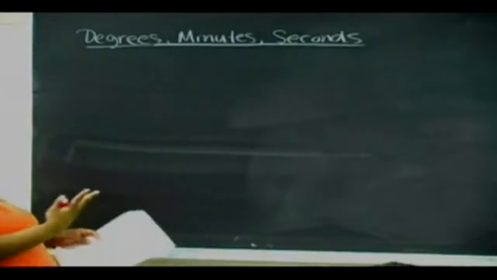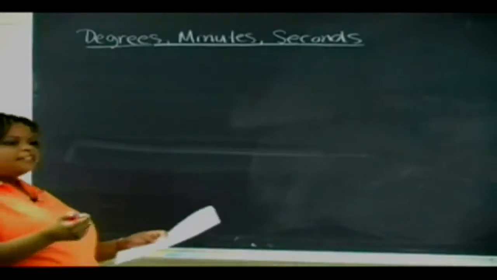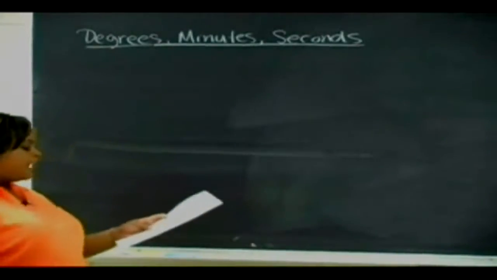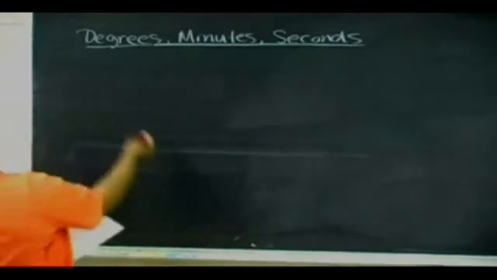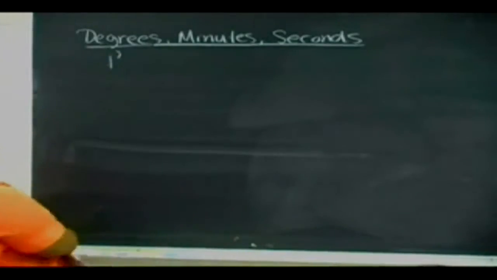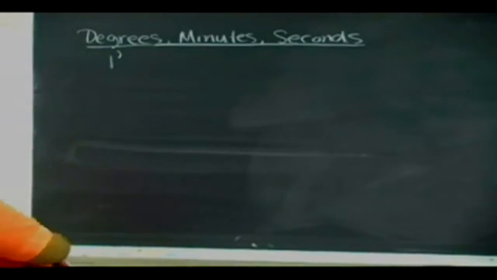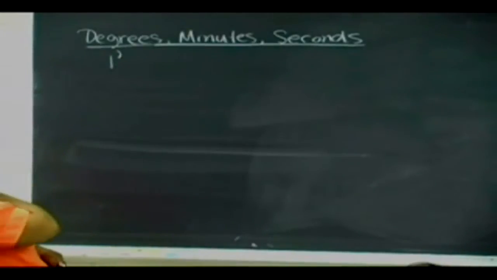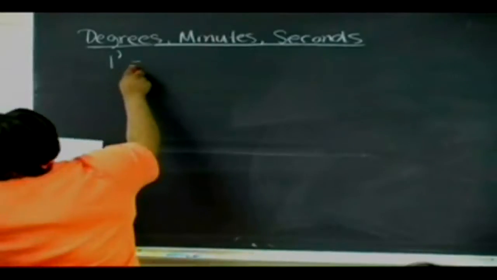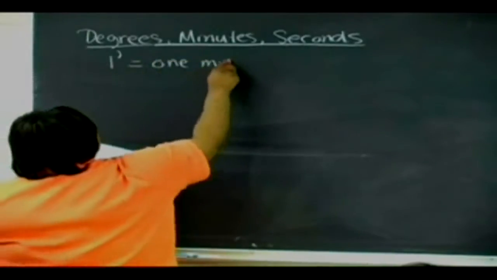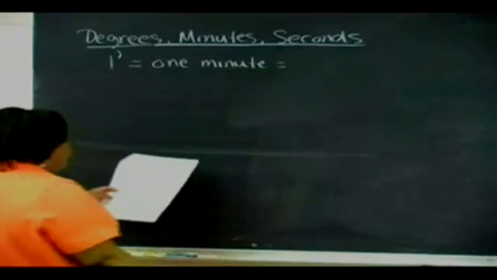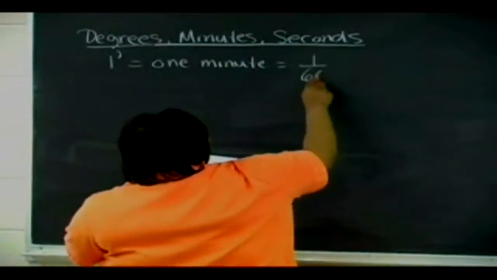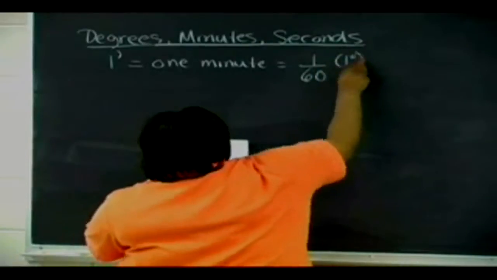We know about degrees. That fractional part, as I said, 25 degrees, 0.75. We need to talk about what that 0.75 means. We need to talk about what 1 minute is. The little mark, what's that called? Apostrophe. There you go. This represents 1 minute, and 1 minute is represented as 1/60th of a degree.